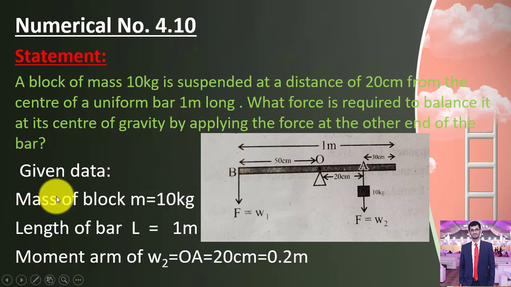So given data is mass of the block 10 kg, length of the bar L is equal to 1 meter, moment arm of W2, this force that is mentioned by OA here in this diagram, OA, it is 20 centimeter, that is mentioned here. Now converting this centimeter into meter, we divide 20 by 100, comes out to be 0.2 meter.